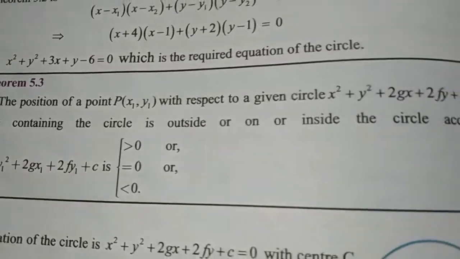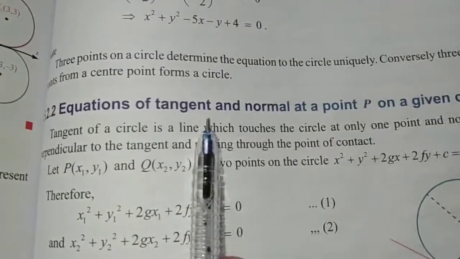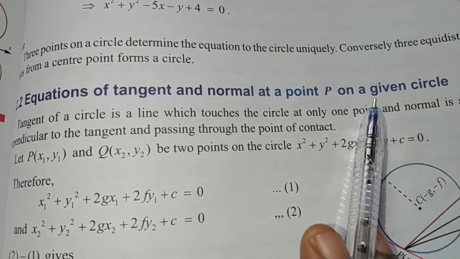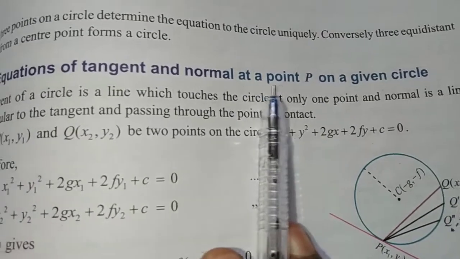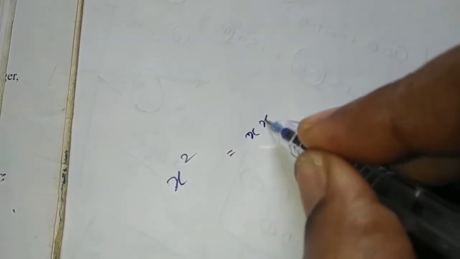Next we are going to see the equation of the tangent and normal at the point P on the circle. You have already studied this in plus one.